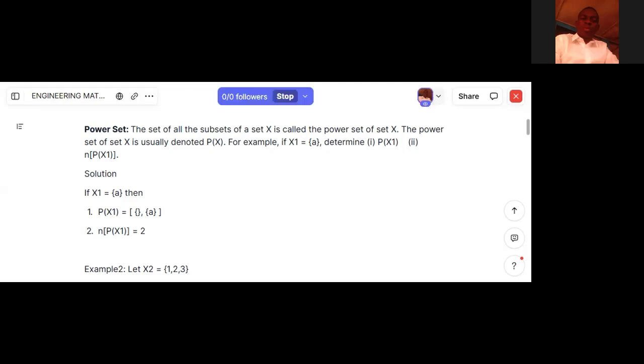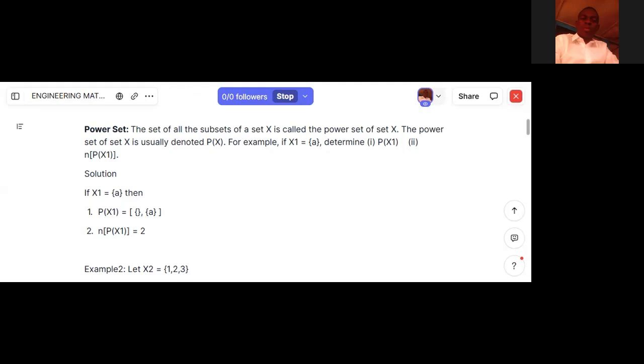Now, for instance, you have from the screen X1 being equal to the set having element A, all right? Now, we determine the power set of X1, that's P(X1).